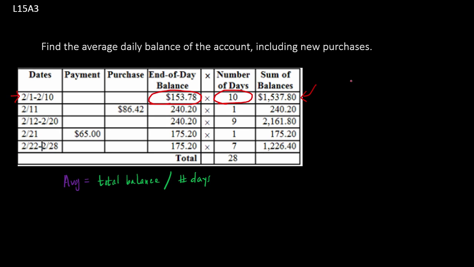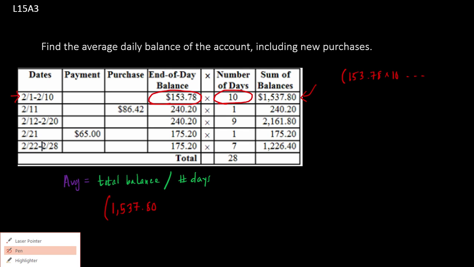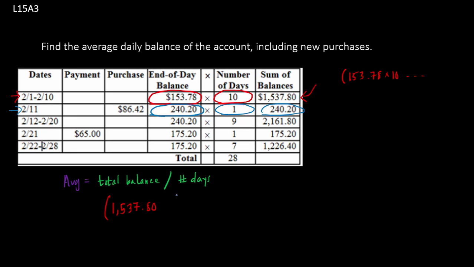So instead of having to actually write out 153.78 times 10, we can just write in this number, which is 1,537.80. They've already done that part for us. Let's look at the next row. The next balance was $240.20 for 1 day. So that's the number we write, because 240.20 times 1 is still $240.20.